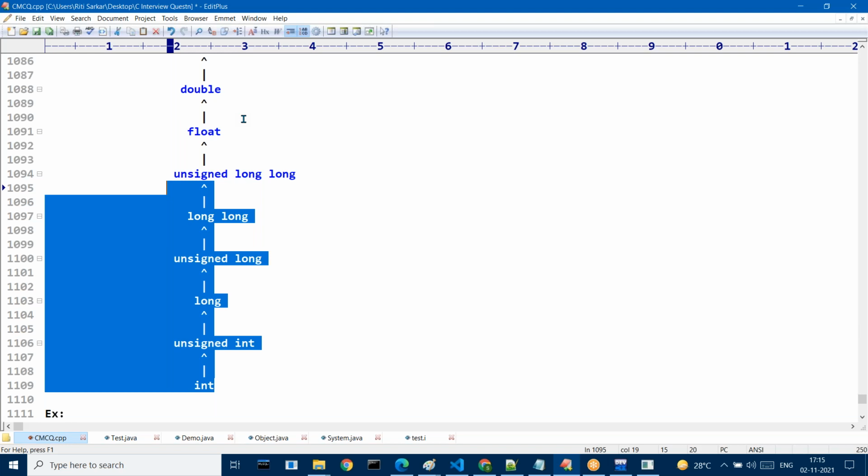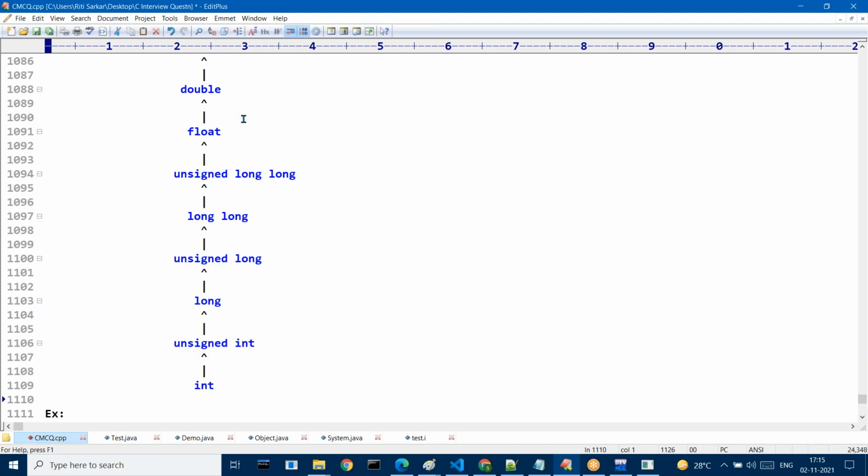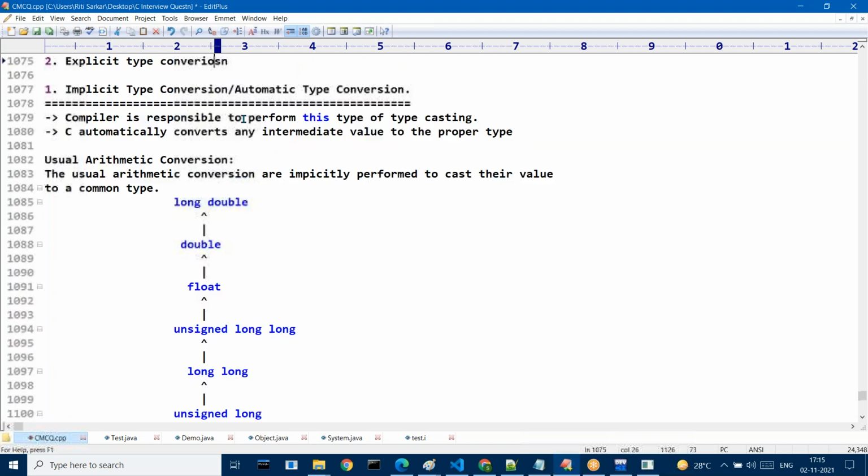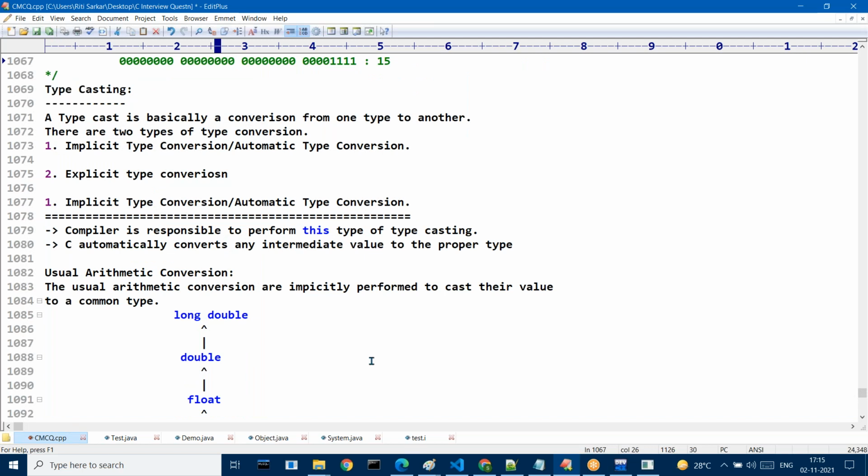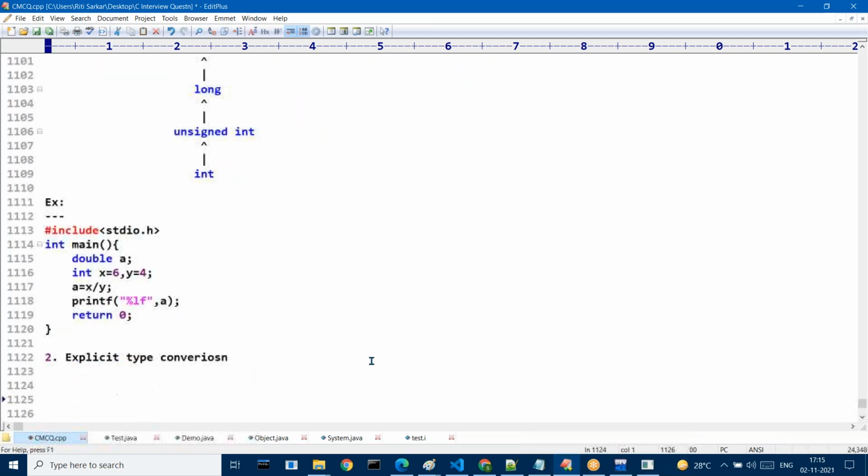The upper type which is there in the hierarchy. So here also, int started from the beginning and was gradually converted to double. That's the reason we are getting this output.